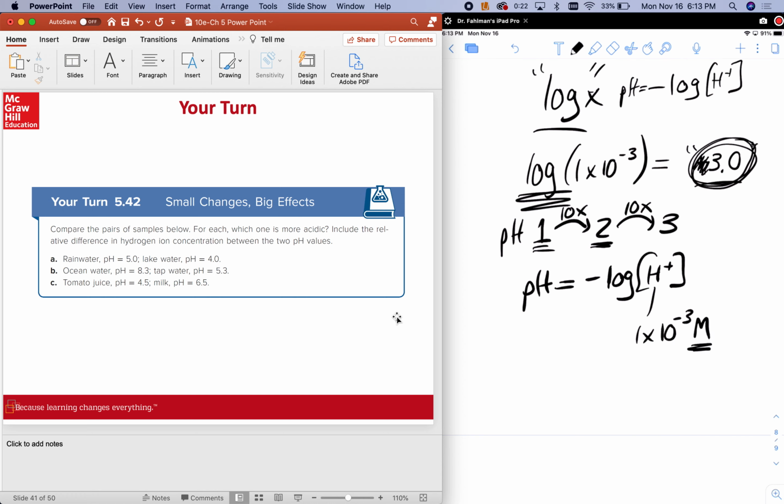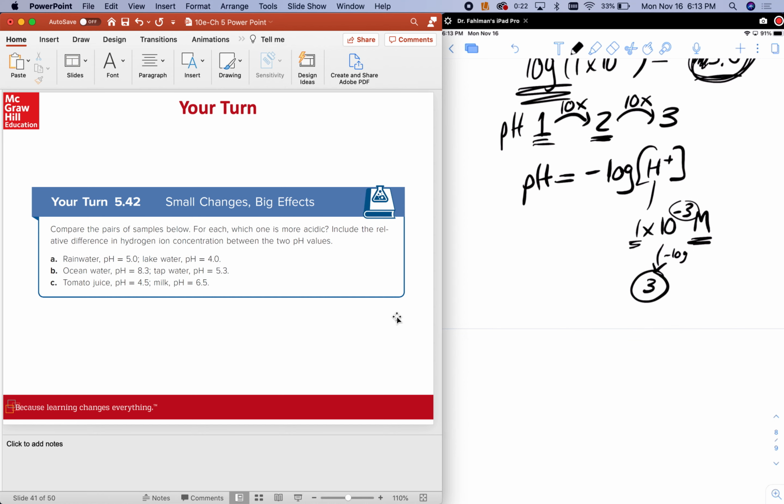If you take the negative log of this, you'll get 3. It's just whatever this exponent is, so it works out nicely as long as you have 1 times 10 to that. But if I give you a different value, it's not that simple, and you have to actually use a calculator. So if we have a concentration of 2.3 times 10 to the minus 4, what is the pH?